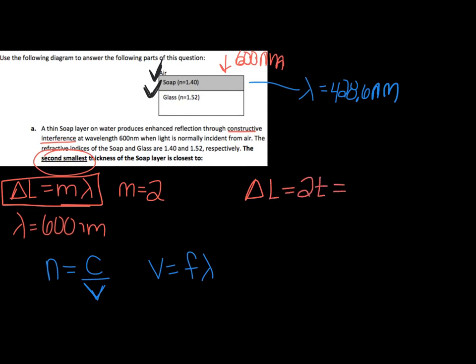Since I want the second smallest, it's 2 times the wavelength, and I want the wavelength in that new material. First thing I see, the 2's cancel. So the thickness that I want is just the wavelength in that material, which in this case is 428.6 nanometers.